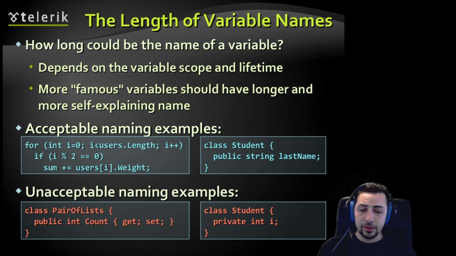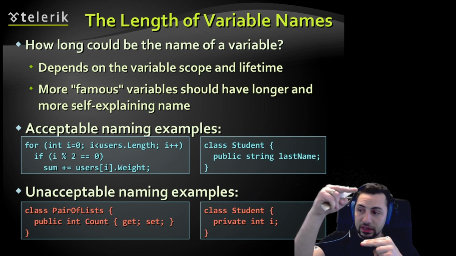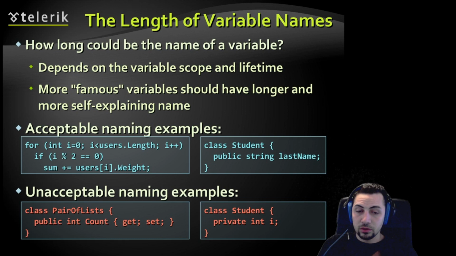Okay, length of variable names. Once again, it depends on how long the variable is going to exist for. If the variable exists for a very short amount of time, probably you don't need to have a very long name for it because it's only going to exist for a short time. So generally, if you can keep all instances or all uses of a variable in a single screen, you can use a short name.